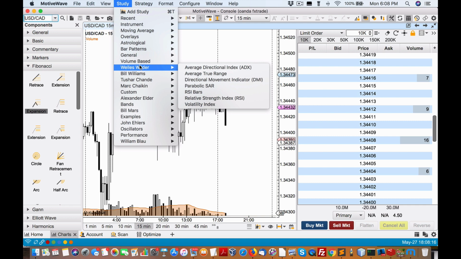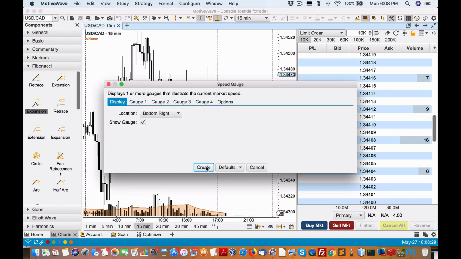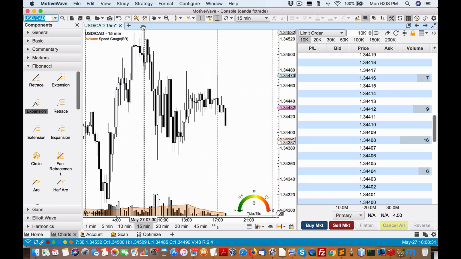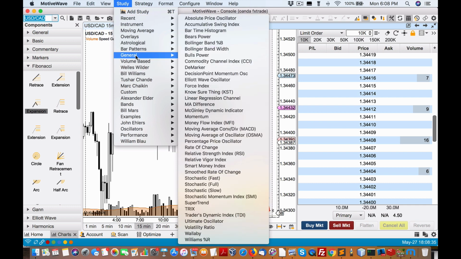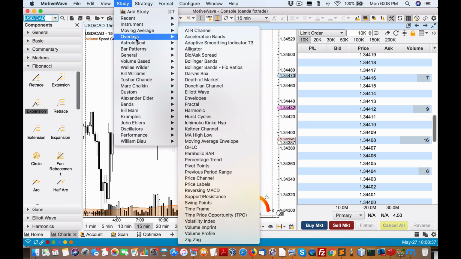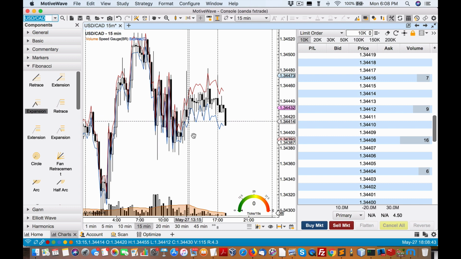So we were watching support and, well, first let's do the speed gauge, maybe this one. Okay. Then we wanted to do, I think it was an overlay, bid and ask spread. There we go, so it's adding here.